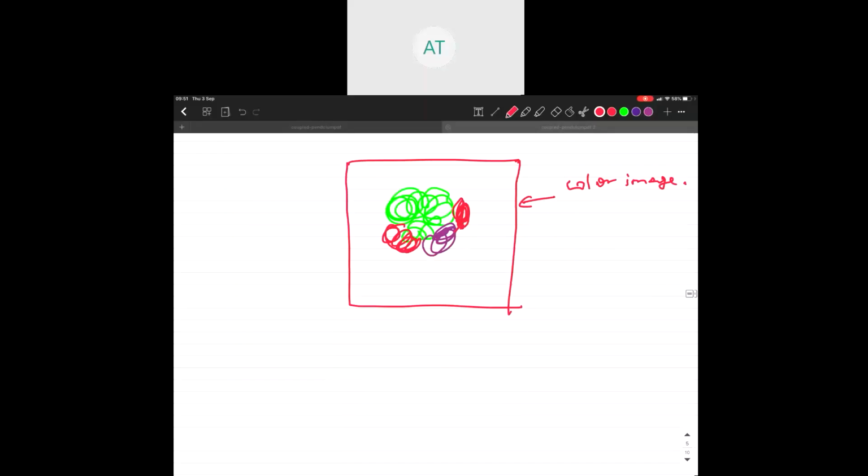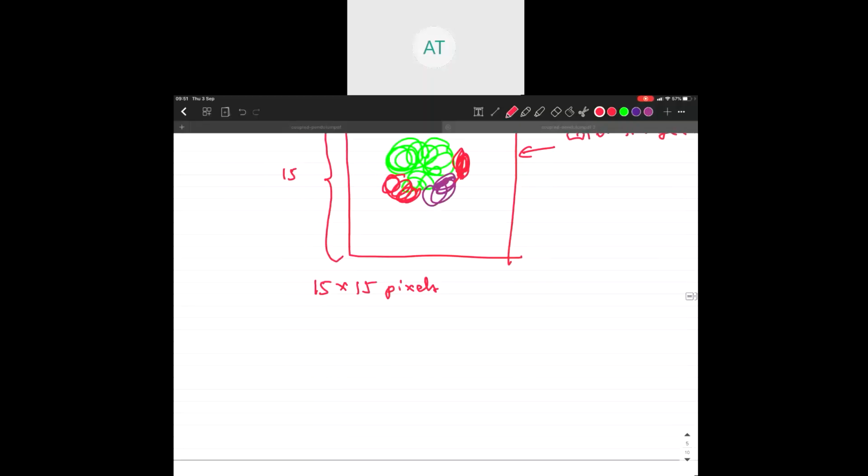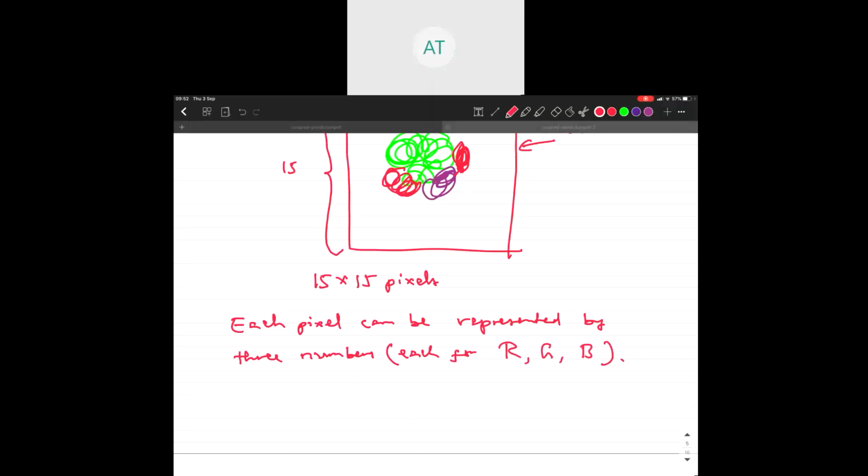And therefore, if we are dividing it in a similar way as the previous problem, into 15 by 15 pixels, each pixel can be represented by three numbers, each for R, G, and B. This is how color is represented.